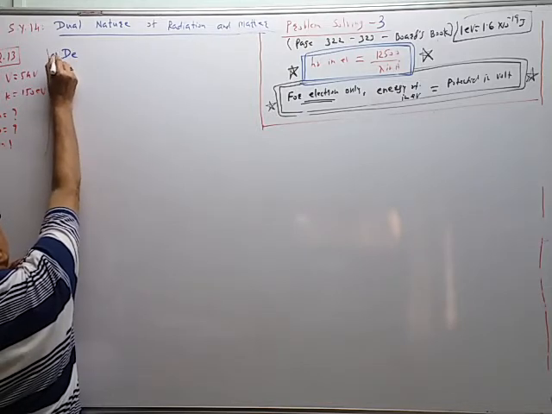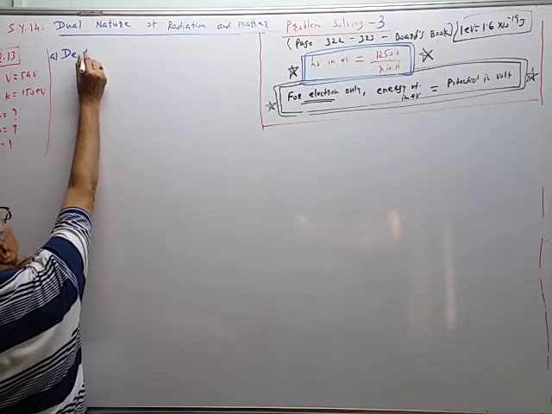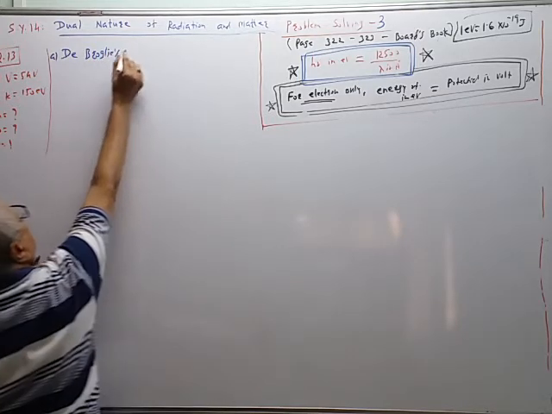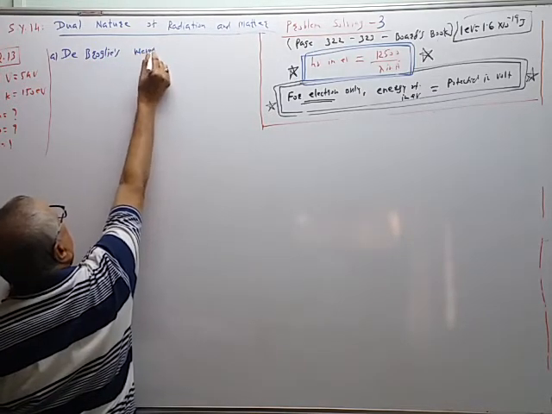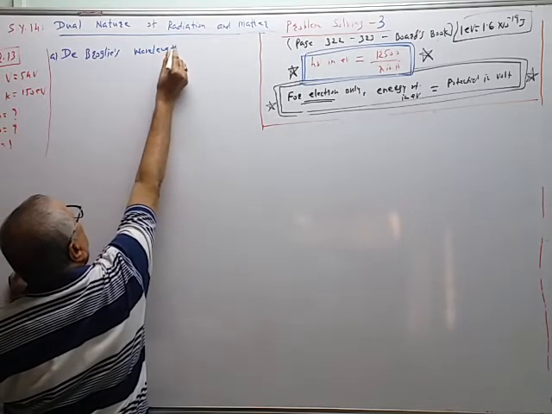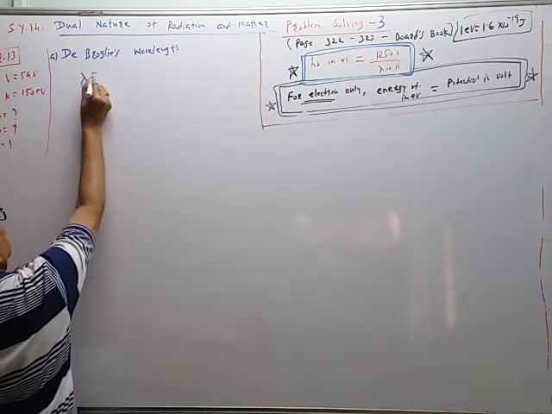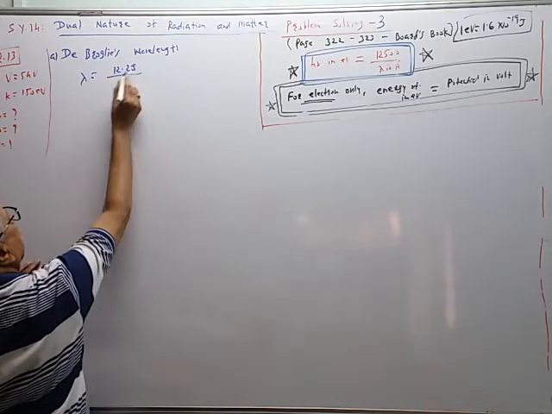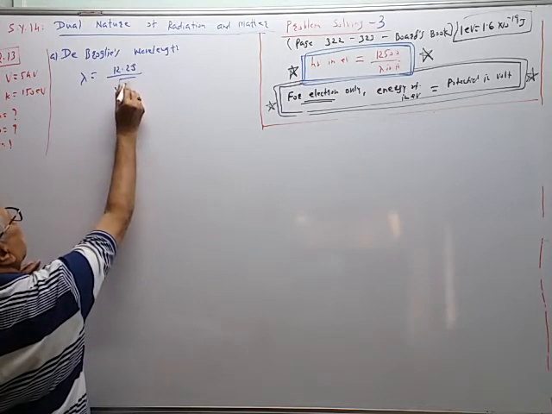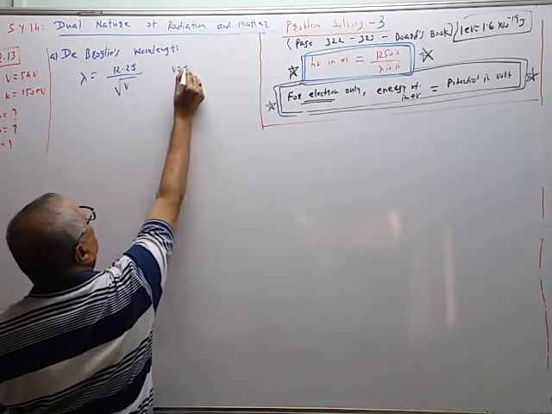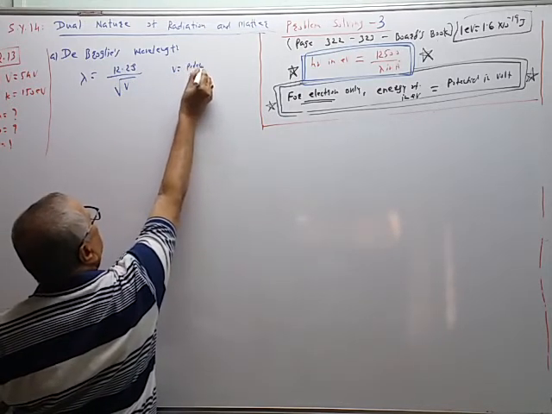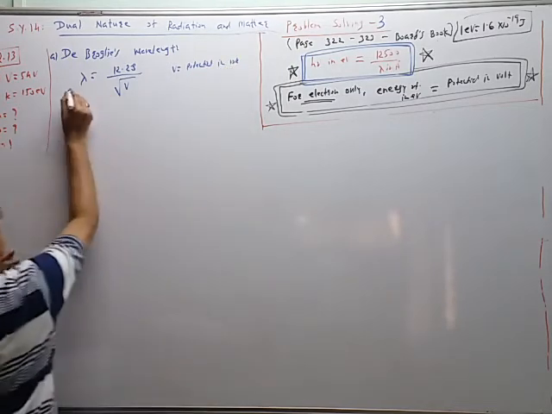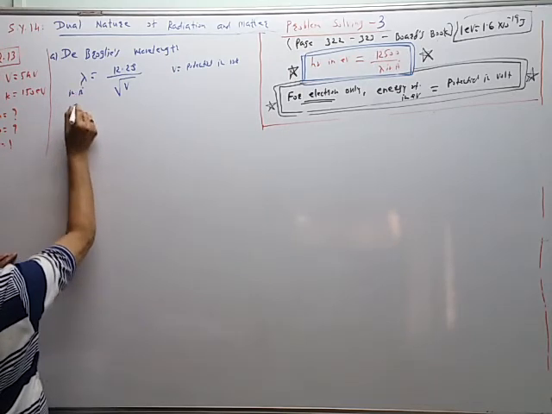A part, de Broglie's wavelength lambda is equal to 12.28 upon square root of V. V is potential in volt. This lambda is in angstrom unit.